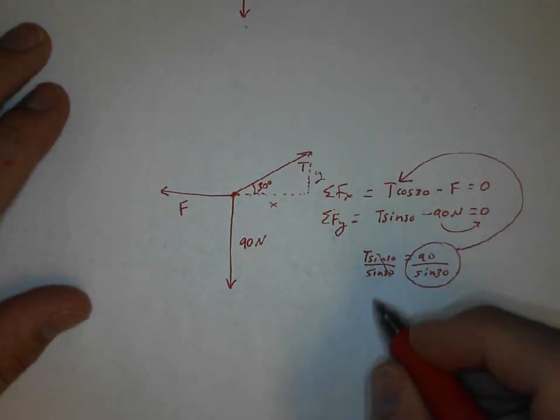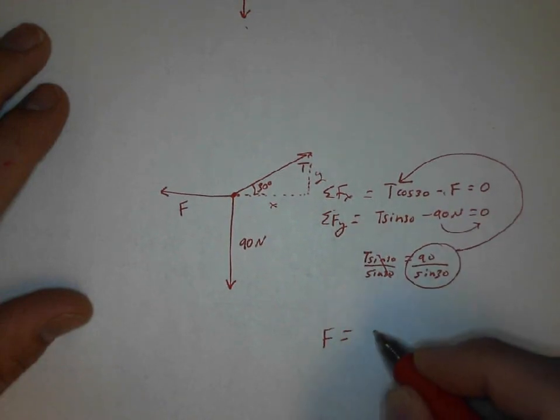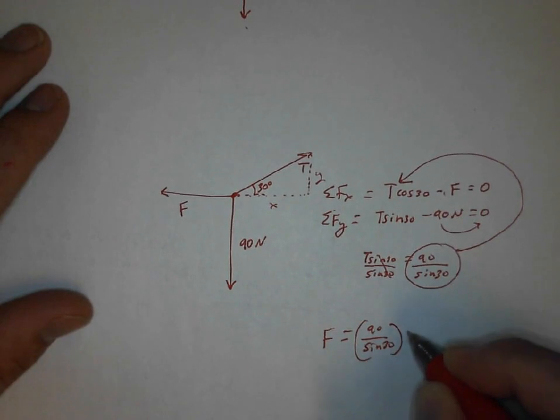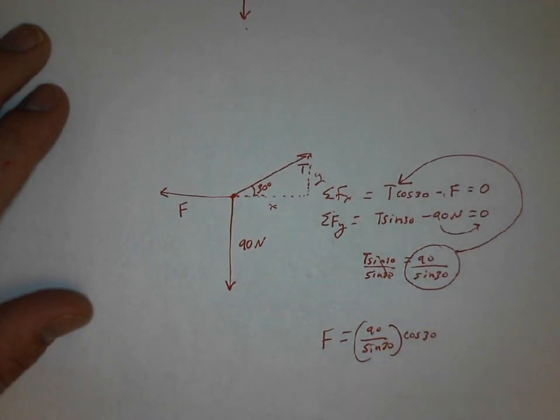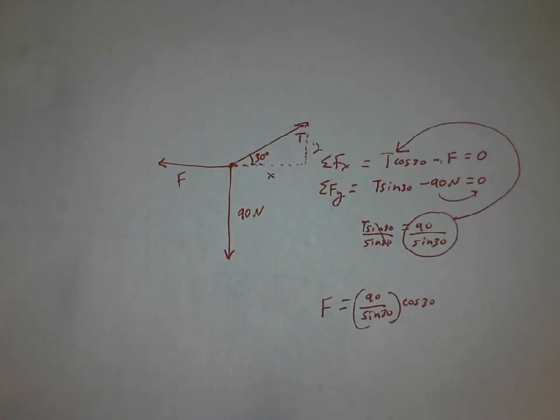Our F, if we add that to the other side, is going to equal 90 over sine 30 times cosine 30. Then you plug those into your calculator. You can leave it in that form, or you can plug it into your calculator and get a numerical value out.